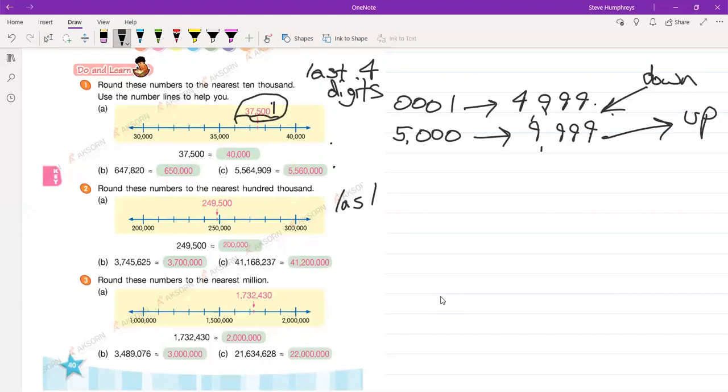Last 5 digits you need to look at. And number 3, round these numbers to the nearest million. A, B, and C. Look at the last 6 digits. Complete that on page 40.